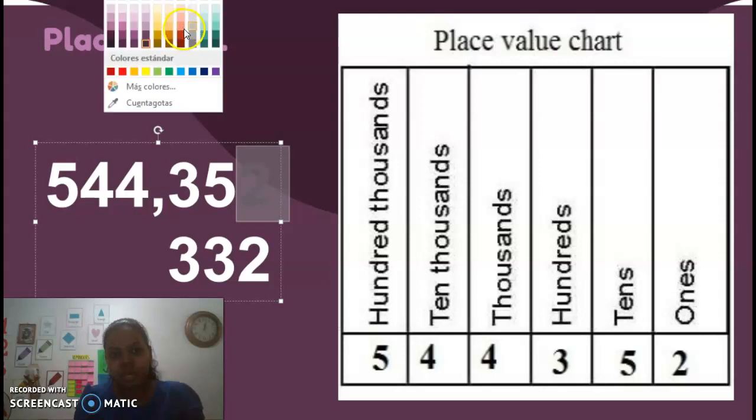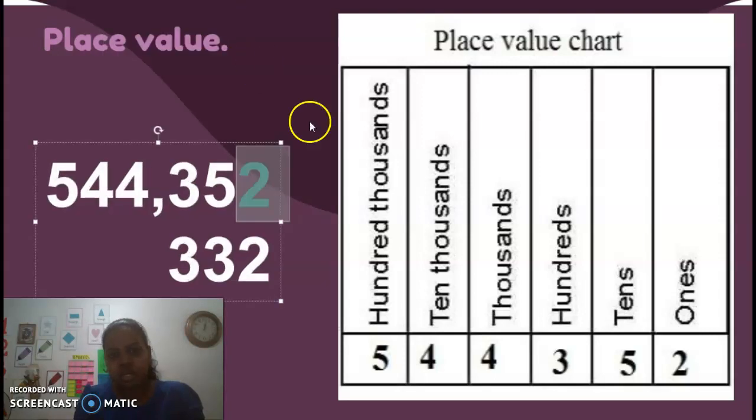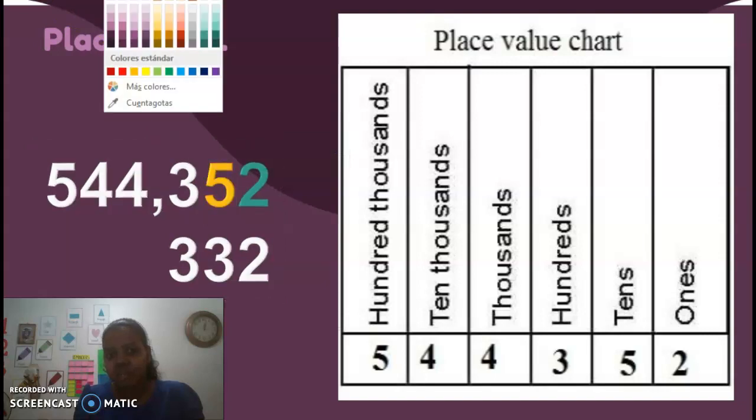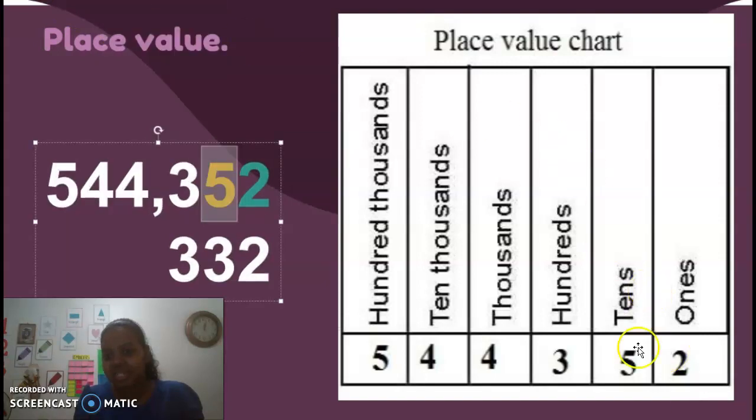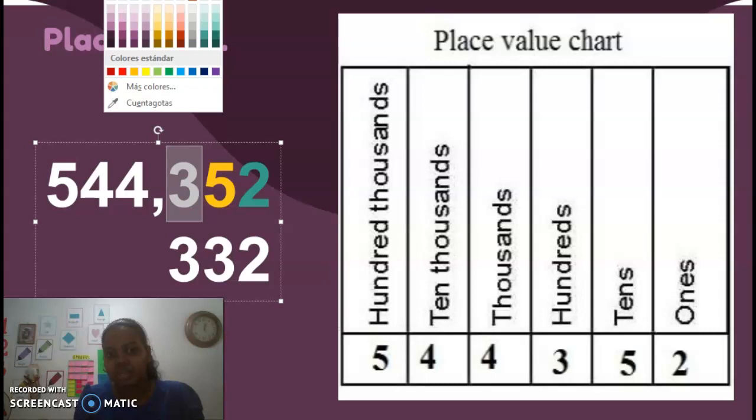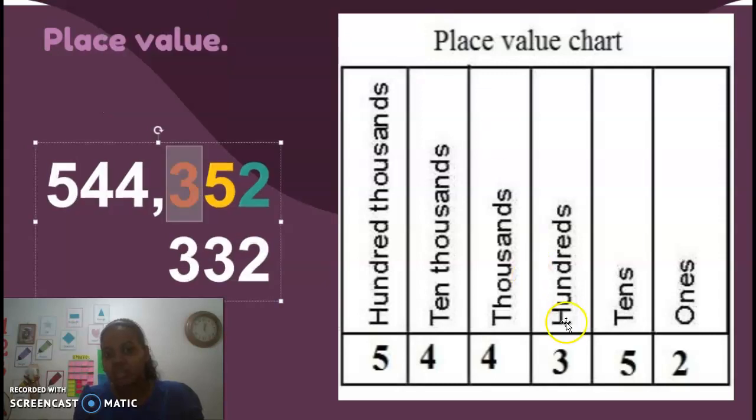The number 1 represents the ones. The number 5 represents what? The number 5 represents the tens. The hundreds are represented by the number 3.